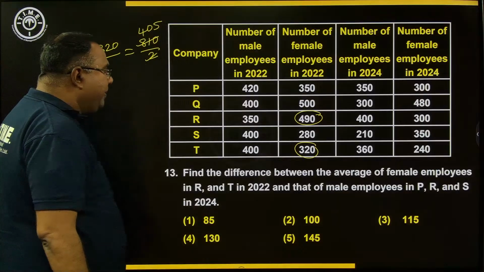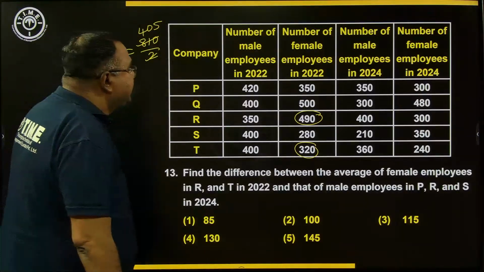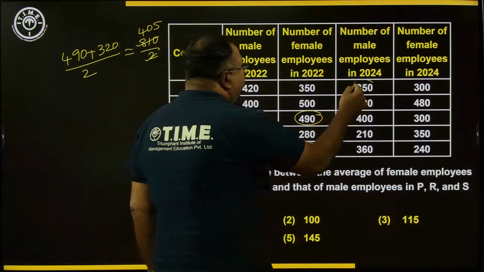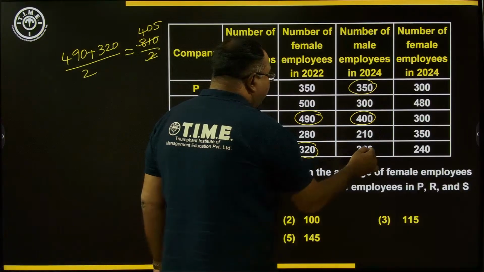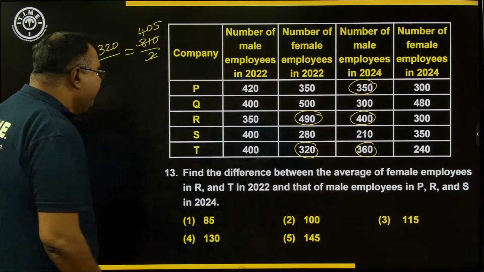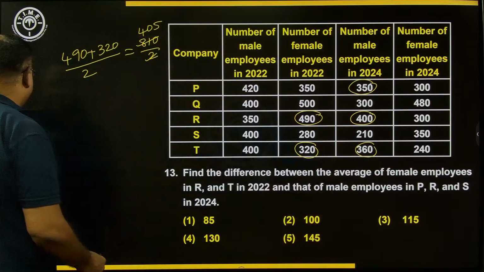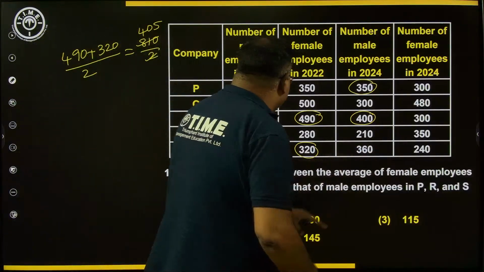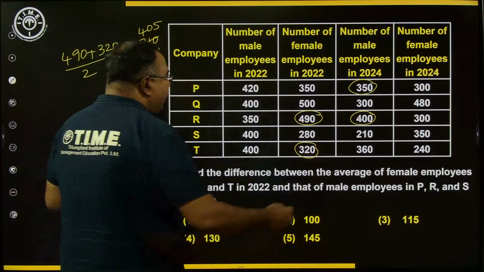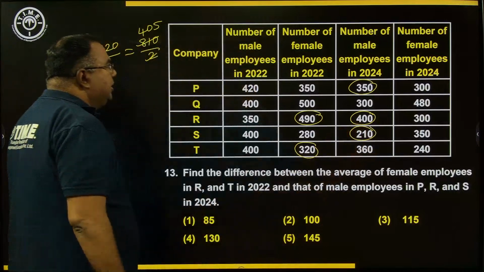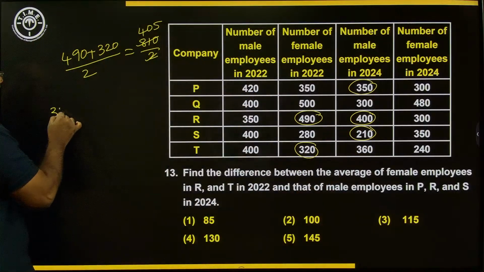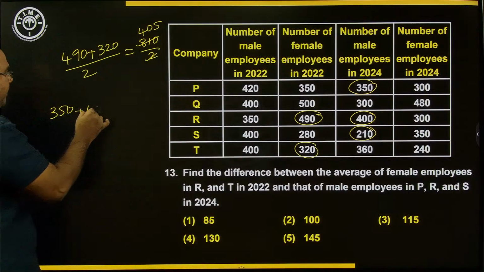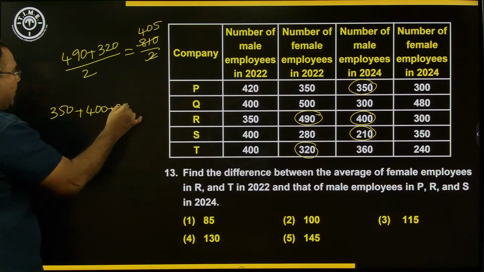Okay. And male employees PRS in 2024. 2024 P 350, 400, 360. 350. So P, R and S. Sorry, my mistake. P, R and S, not T. And S is 210. So 350 plus 400 plus 210 upon 3.